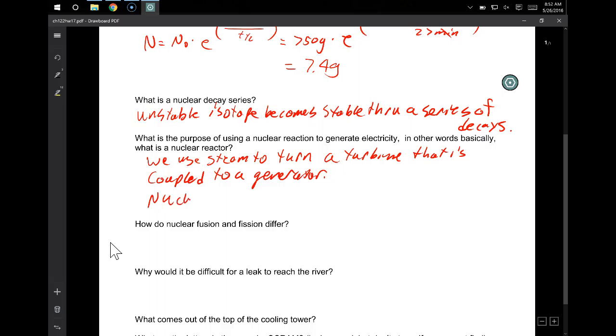The nuclear reaction heats the water. That's it. Just boiling water here.